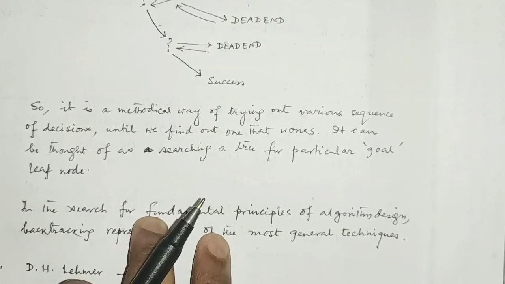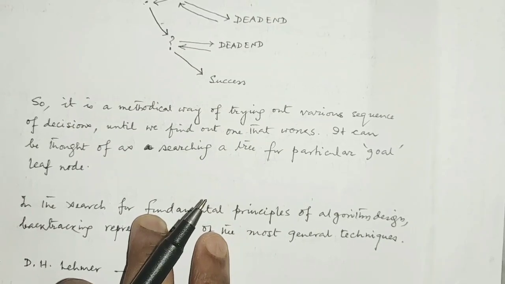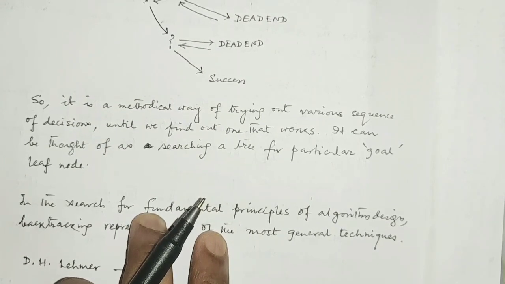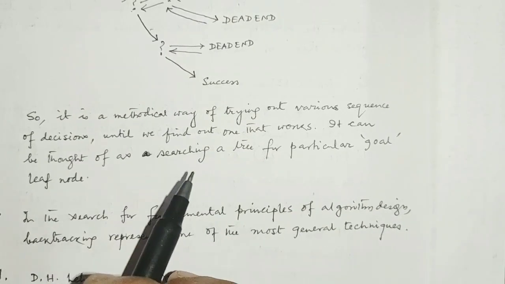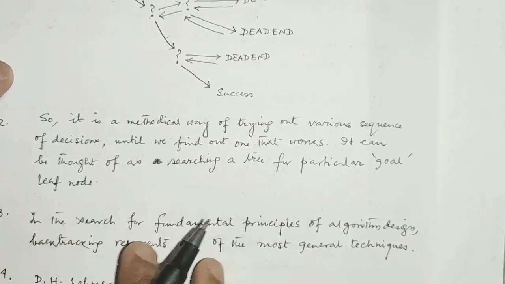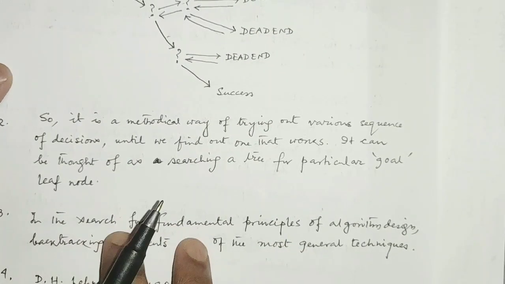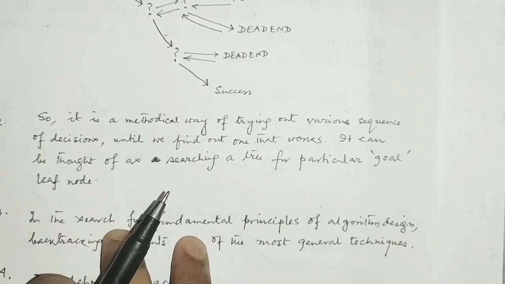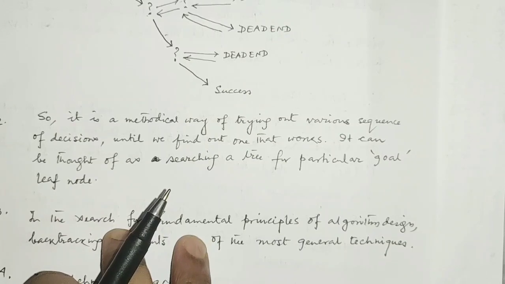Basically, in the search for fundamental principles of algorithm design, backtracking represents one of the most general techniques, and many problems which deal with searching for a set of solutions, or which ask for an optimal solution satisfying some constraints, can be solved using the backtracking formulation.